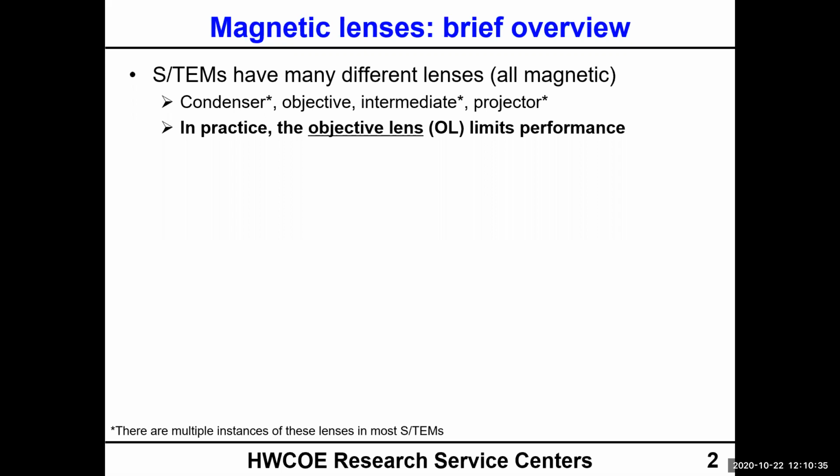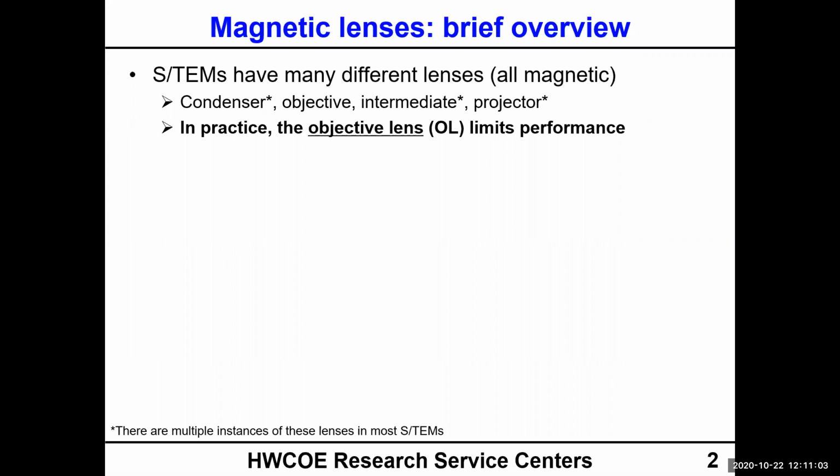There are four flavors basically: condenser, objective, intermediate, and projector. The most important one is without question the objective. There's only one objective lens in any STEM that I've ever heard of. Most modern systems will have multiple instances of these other three types of lenses.